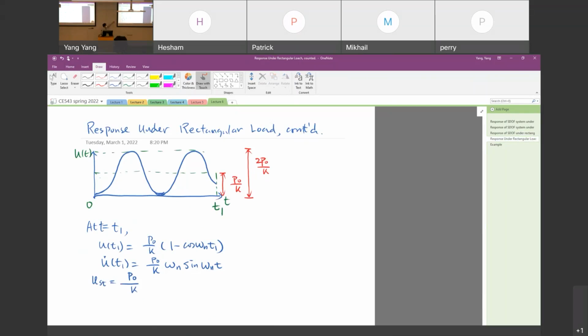But what is the maximum displacement for the dynamic case? 2 times P0 over K. So that means if you have a constant force applied to a structure, and we consider that dynamic loading, the maximum displacement should be 2 times the force over the spring constant.